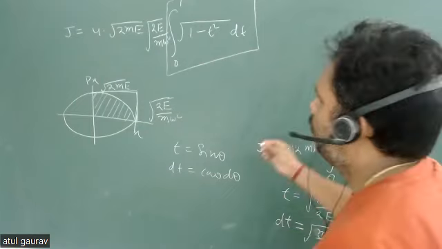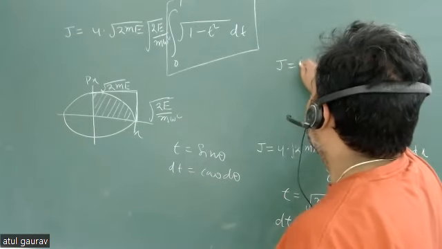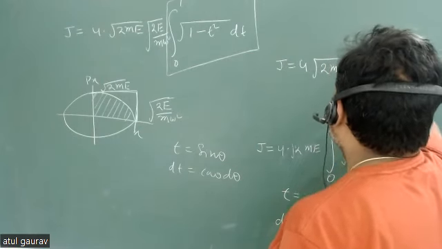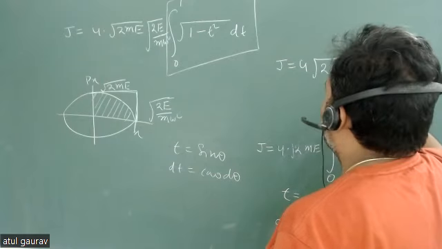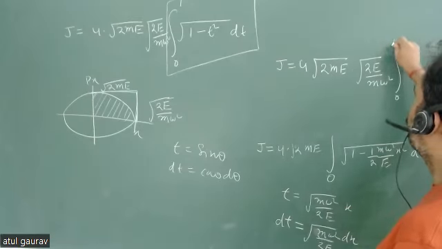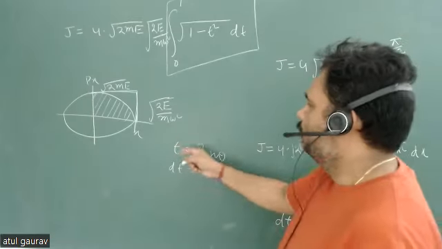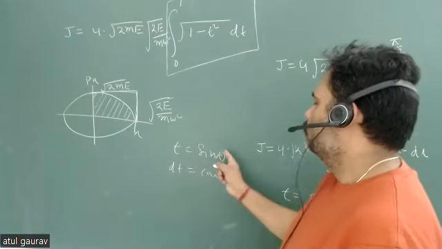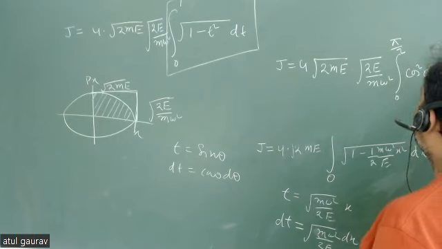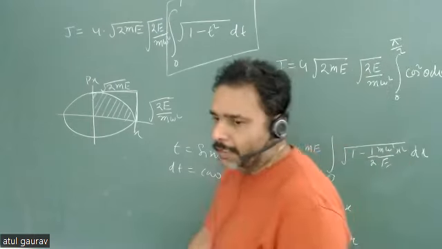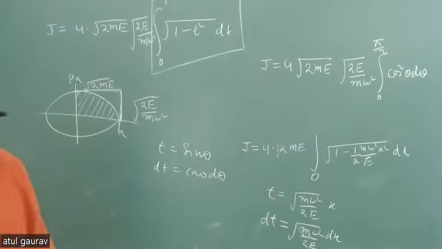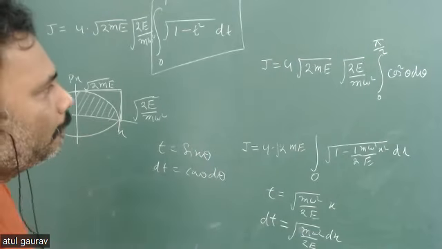So you can calculate J is equal to 4 times root under 2mE into root under 2E upon m omega square, and this value is equal to between 0 to pi by 2, because if t is equal to 0, theta is equal to 0. If t is equal to 1, theta is equal to pi by 2, and this value is equal to cos square theta d theta. And what is this integration? वो integration क्या होगा? What is this integration? क्या होगा ये? Pi by 4. Pi by 4.